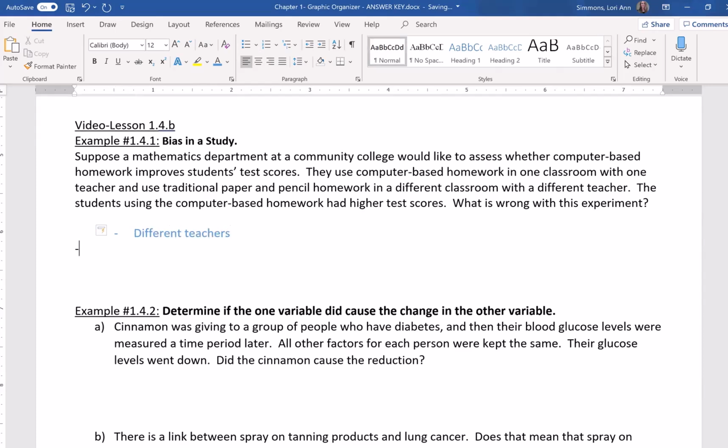So the idea to fix this would be to split, if it wasn't already done, but assuming because it wasn't stated, we'll say split the students randomly among the two groups. Then have the same teacher.